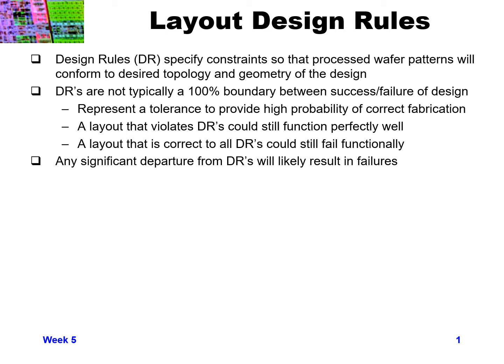Typically it's kind of a boundary: as long as you follow these design rules, you're most likely going to succeed, and if you start violating the design rules, you're going to increase your chance of failing to generate the pattern you want. So there's a certain tolerance between probability of getting what you want on the wafer correctly.